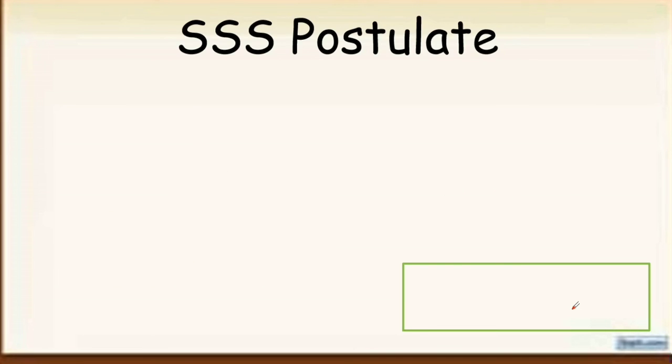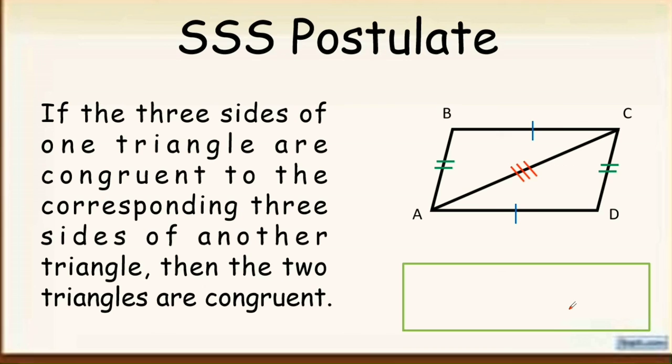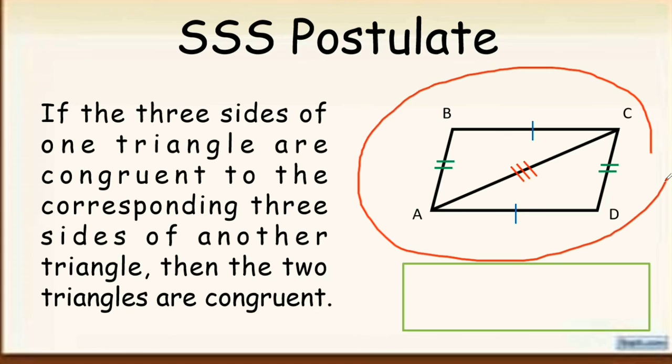Okay, next, SSS postulate. So if the three sides of one triangle are congruent to the corresponding three sides of another triangle, then the two triangles are congruent. So kung meron tayo ditong triangle ABC and triangle CDA at lahat ng sides nila ay may congruent sides to another triangle, therefore these two triangles are congruent.